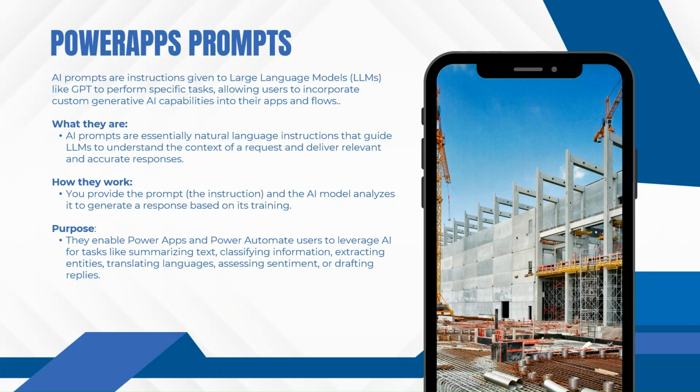Not just that, they can also be used to create JSONs based on user input, to parse JSONs, and to convert from one time zone to client-specific time zones. So Power Apps prompts are definitely very important and quite an integral part of any kind of Copilot Studio design.